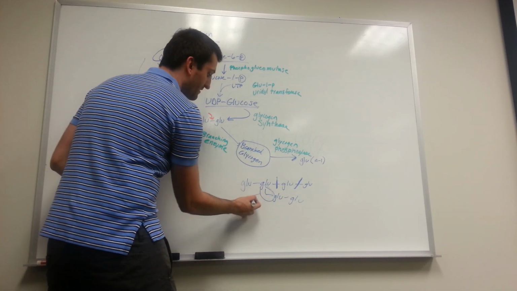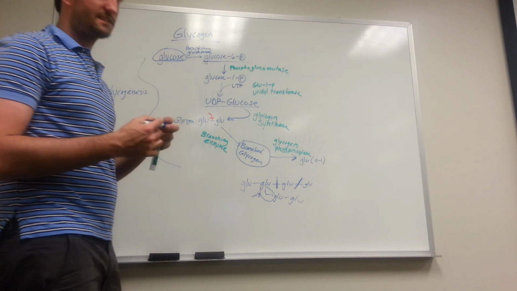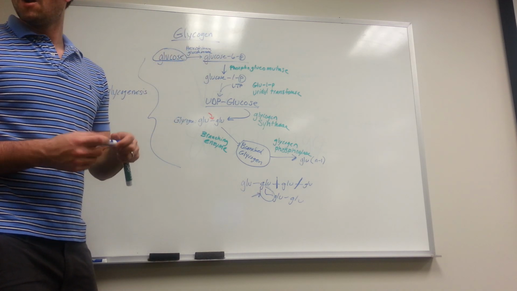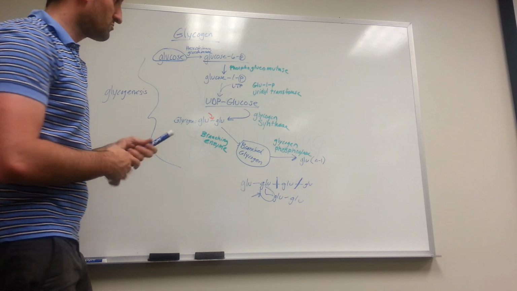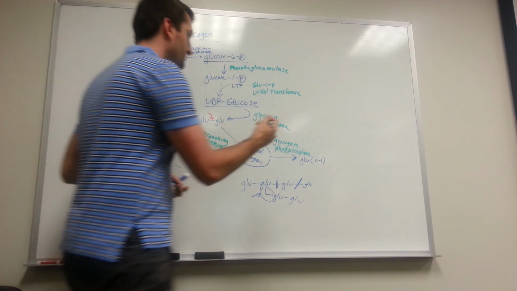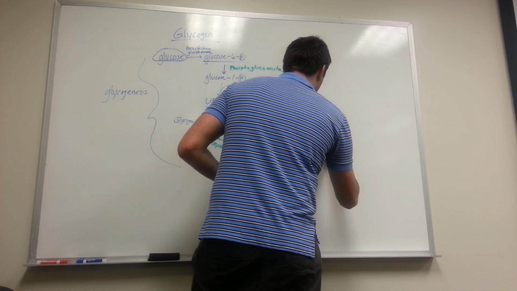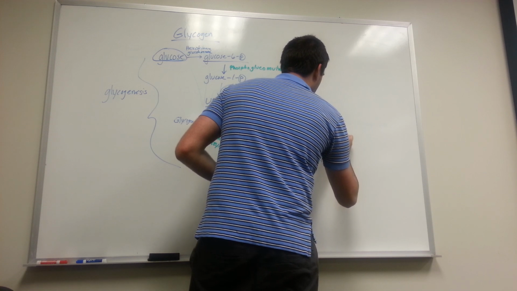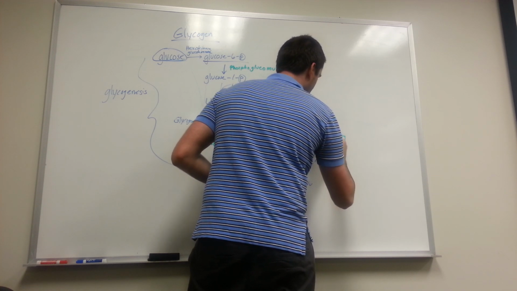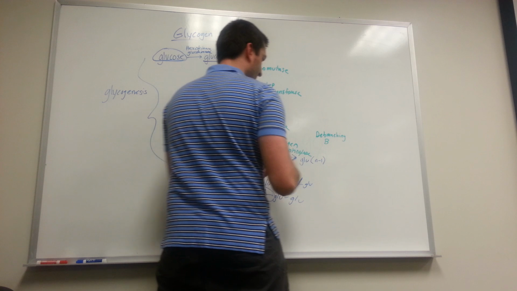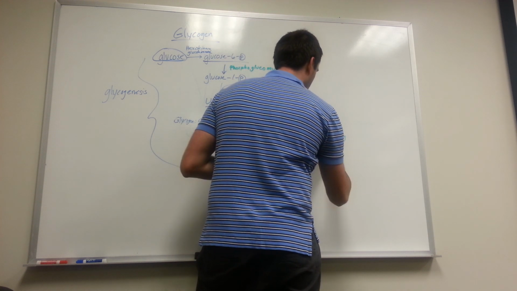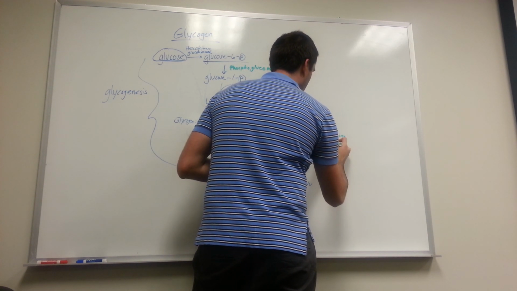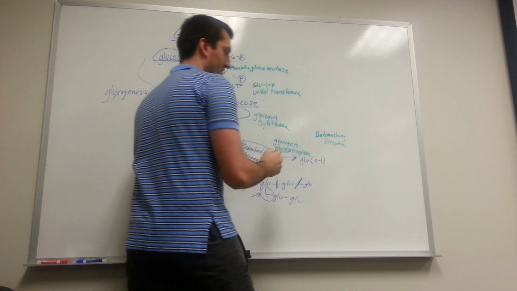How are we going to get rid of these 1,6 branched bonds? Well, this is going to be by another really tricky enzyme. It's going to be called debranching enzyme. Debranching enzyme.